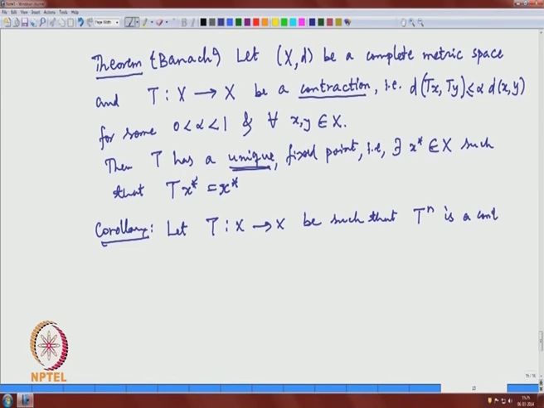T^n means you compose T with itself n times, so T squared is T composed with T, etc. If T^n is a contraction for some n bigger than or equal to 1, then T has the same conclusion: a unique fixed point.